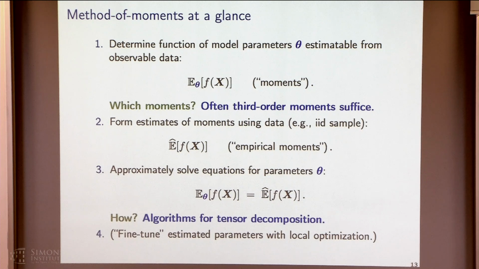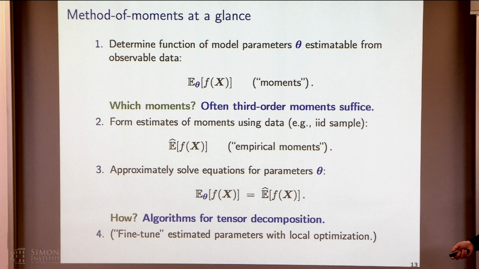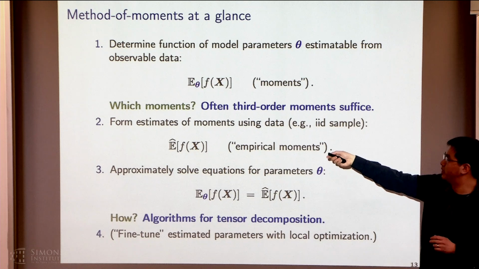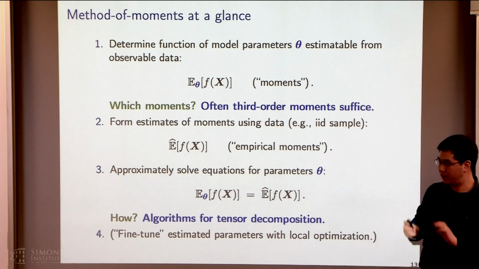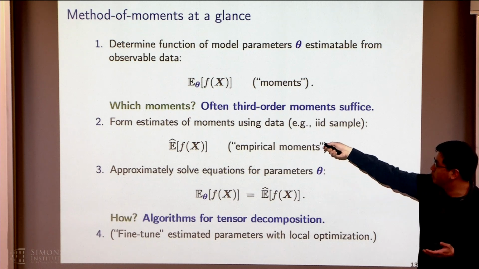So I'm not sure I understand the last equation. Is it the empirical estimate of eta, or is it empirical? Yeah, so this is just an empirical estimate of this quantity. So there should be a subscript eta there on the right-hand side? Yeah, so this is some expectation with respect to the distribution with parameters theta, the unknown parameters theta. And this is something you can observe just from the data.